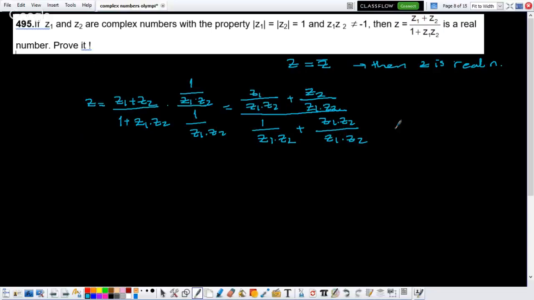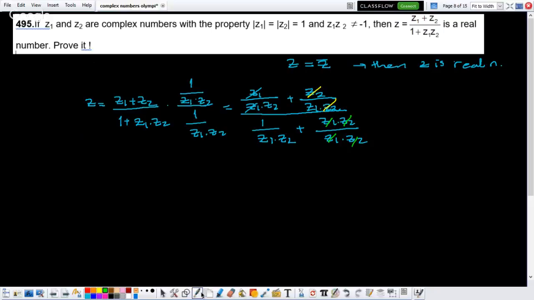Okay, here what we are going to do, we are going to simplify the same numbers. Here this one, Z1 and Z1, then Z2 and Z2. Here we cannot simplify anything, and therefore the third one, we can simplify all of them. Here Z1, Z2, Z2, we can simplify.